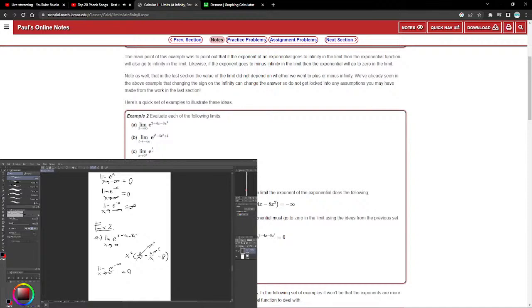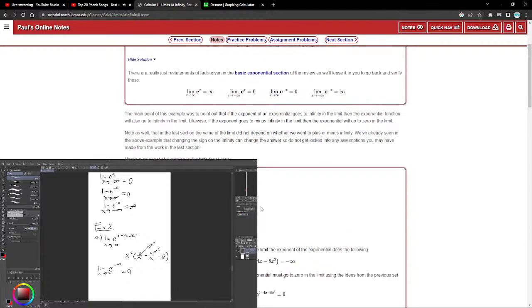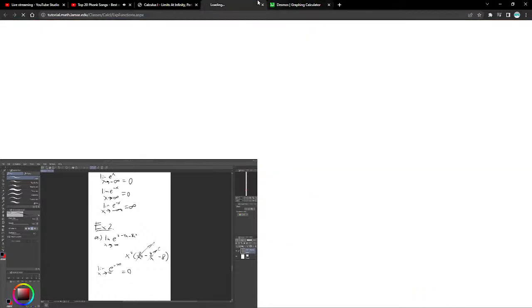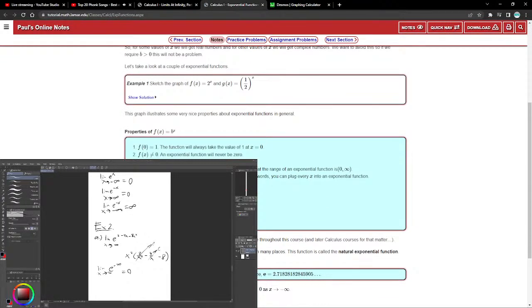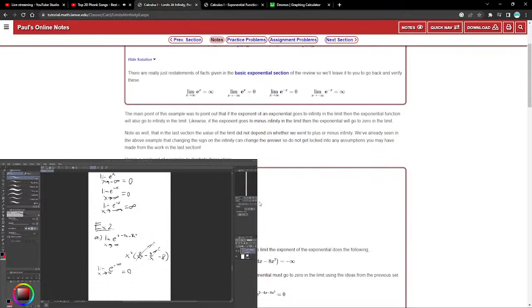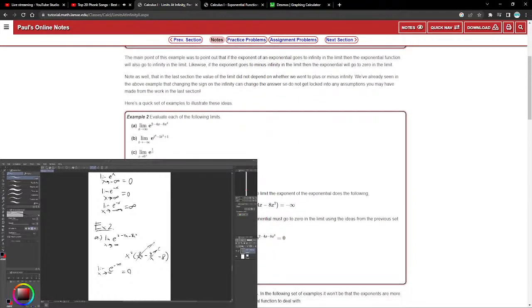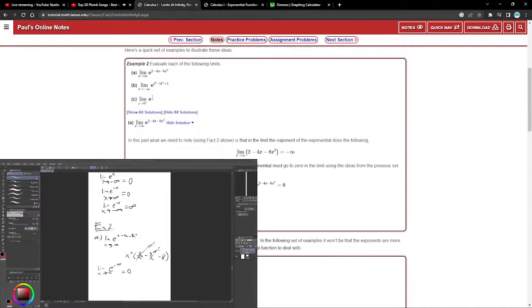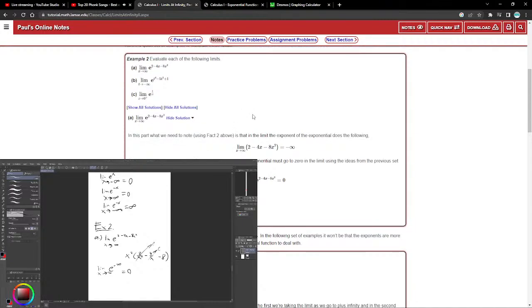In this part, we need to note, using fact 2 above, that in the limit, the exponent of the exponential does the following. So the exponent goes to minus infinity in the limit, and so the exponential must go to 0 in the limit using the ideas from the previous set of examples.